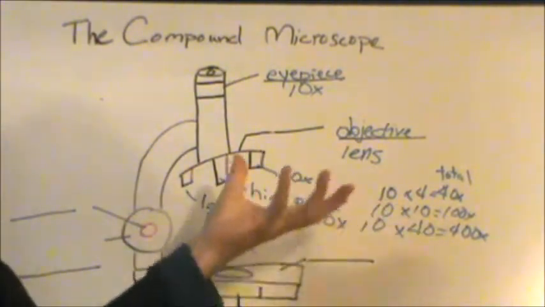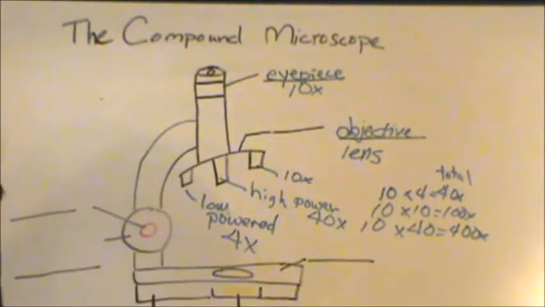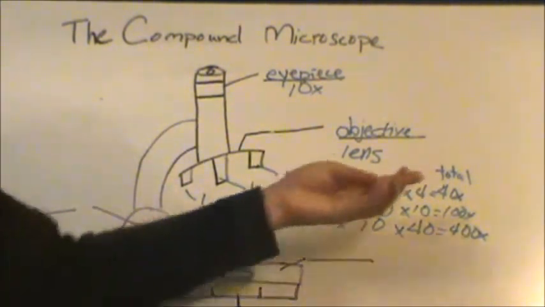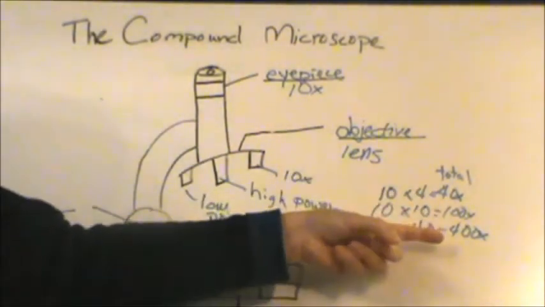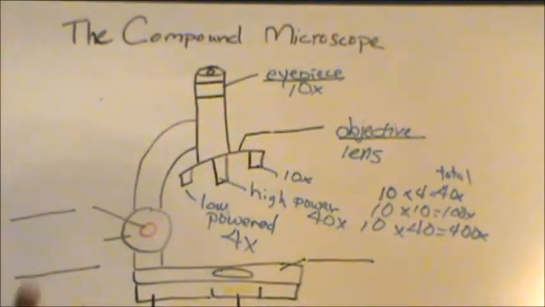So this is a really important thing to understand, because why do we use a microscope? Well, we use it to observe things and see the details, but we also understand just how small something is. So for things of different sizes, we will want to use different total magnifications.